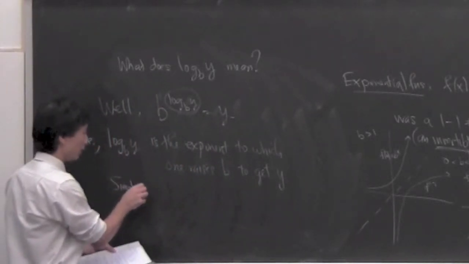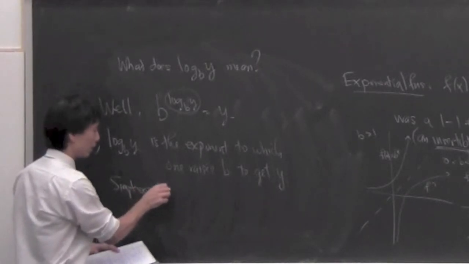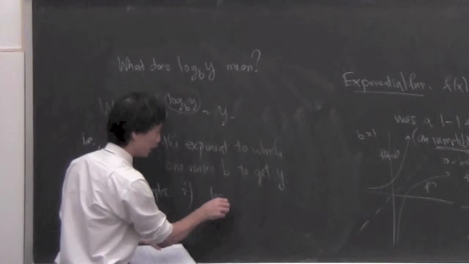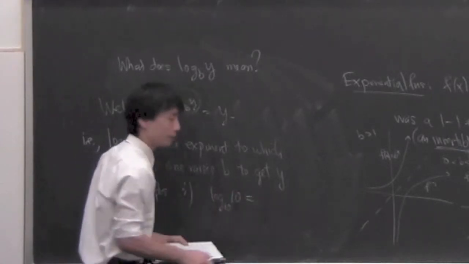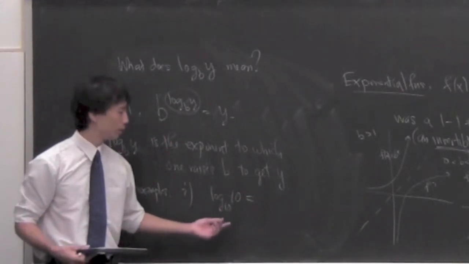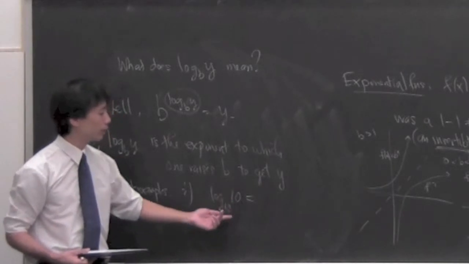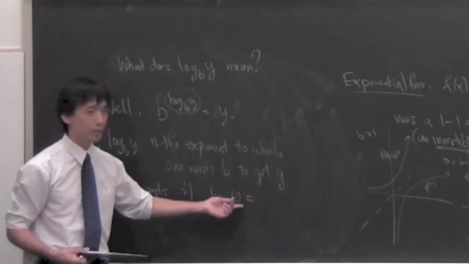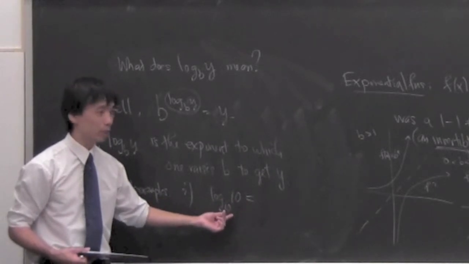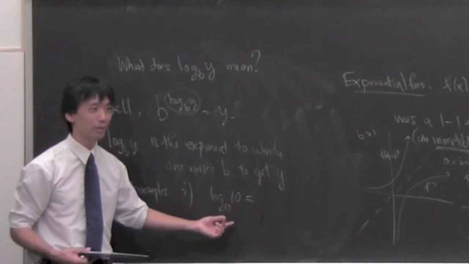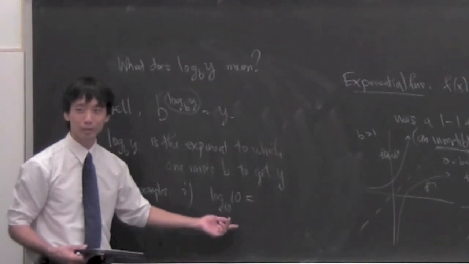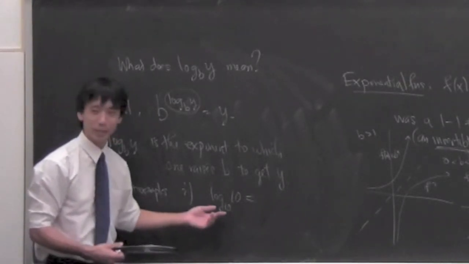Okay, first, if I say log base 10 of 10, right? So what does this mean? It's the exponent to which you raise 10 to get 10. Well, what exponent do you take on 10 to get 10 back? So 10 to the what is 10? 1.